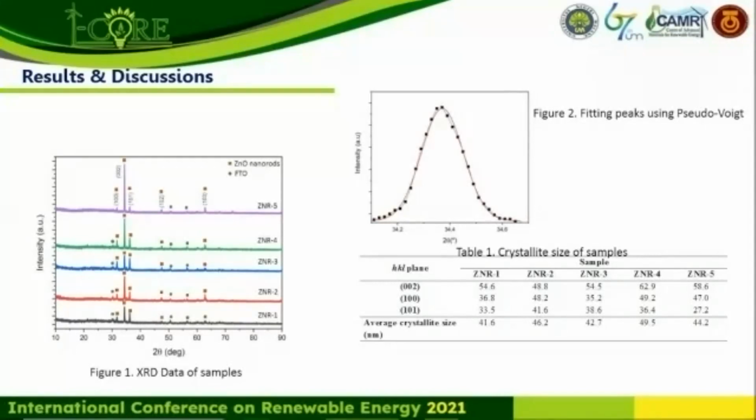crystal grain size analyzed by the Scherrer equation to be not constant with respect to hydrothermal duration as shown in table 1. And the next is for the crystallinity of the zinc oxide nanorods TiO2 samples.